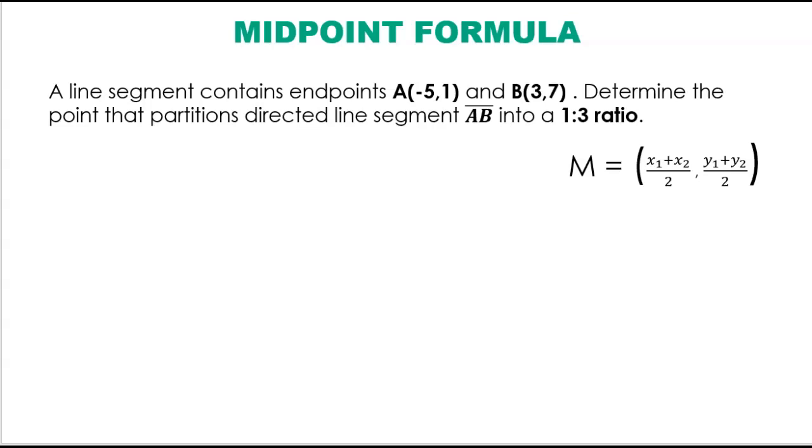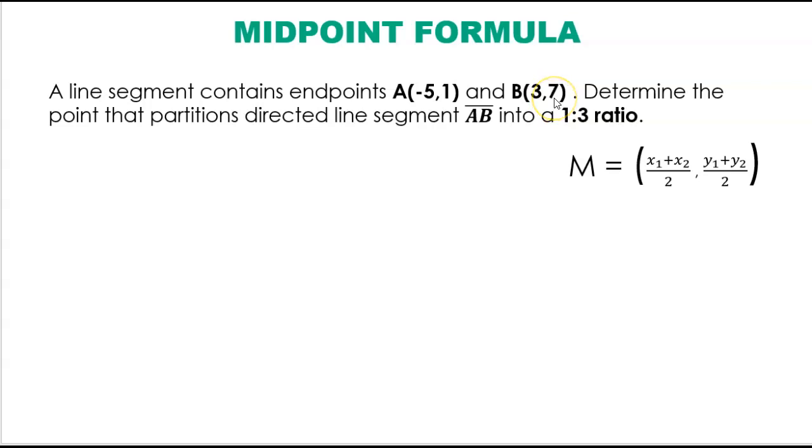So the first ones we're going to talk about are the midpoint formula. I want to show you right now, our first step would say, is our ratio a power of 2? I haven't read the problem, but I have it highlighted here. I should probably read it first, right? A line segment contains endpoints at A, which is (-5, 1), and then B, which is (3, 7).